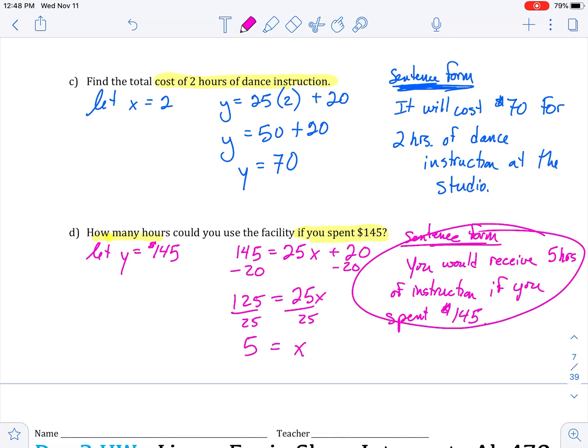That brings some meaning back to what 5 and 145 represent.